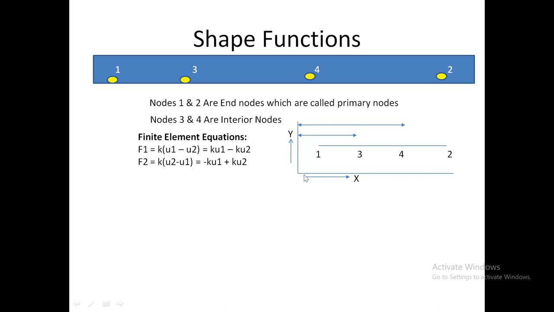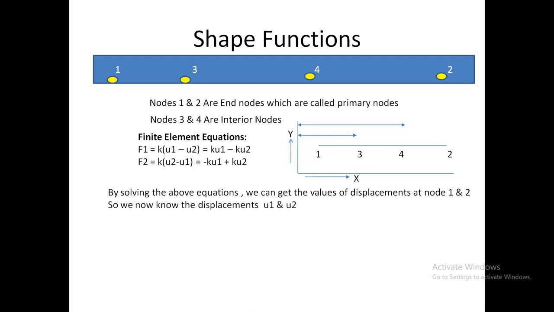For example, at x1 the displacement will be u1, at x2 it will be u2, at x3 it will be u3, and at x4 the displacement will be u4. Our goal is to find the displacement at all these points. First, to find the displacement at x1 and x2, we solve these algebraic equations, and then we get the displacements at nodes 1 and 2, that is u1 and u2.